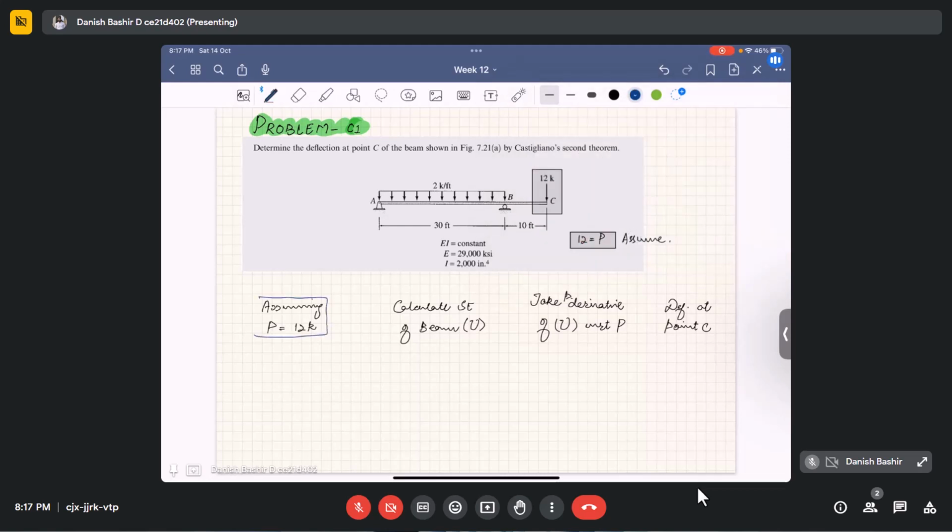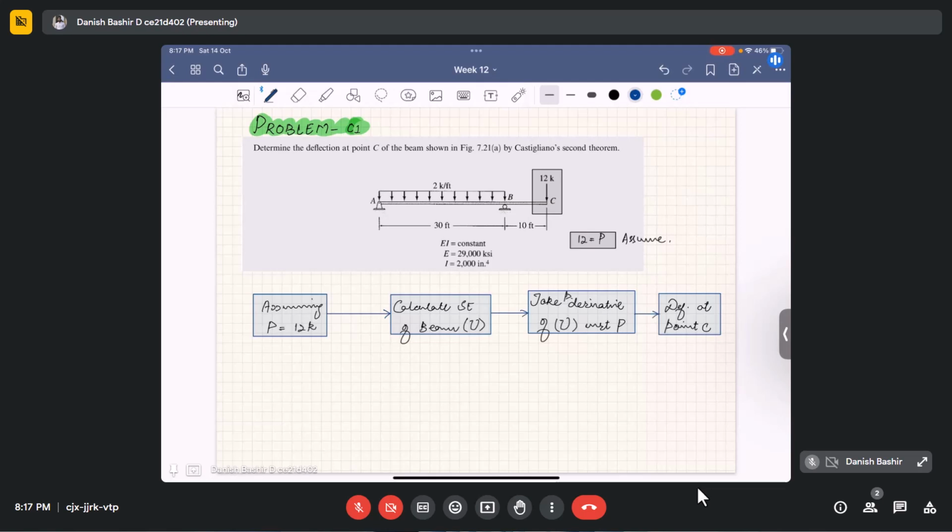So if we assumed this, then we went on to this step, then we took the partial derivative. In each and every problem regarding Castigliano's second theorem, you have to follow the same methodology. So this process will follow on this process, this process will follow on this process, and this process will follow on this process.